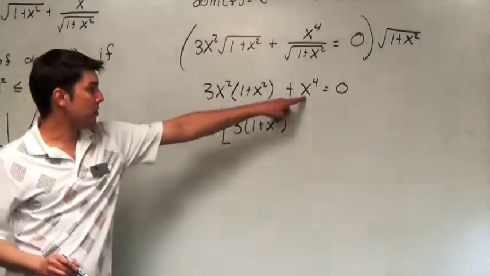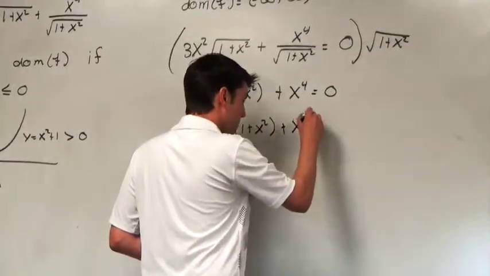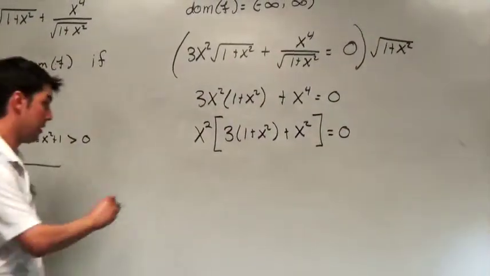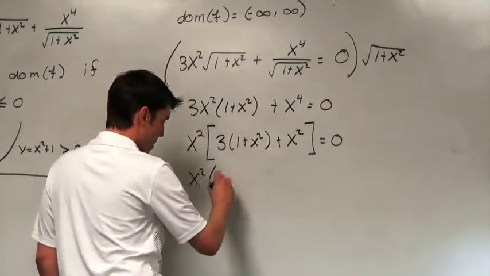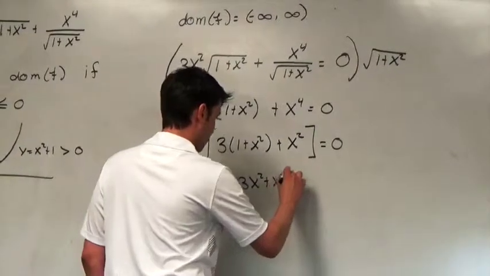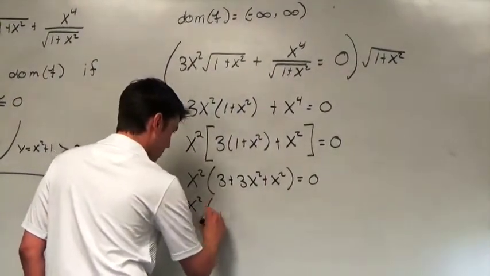If I were to take an x squared out of this second term, I would be left with an x squared. Distribute your 3. Collect like terms.